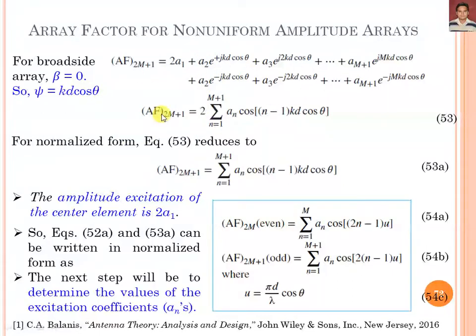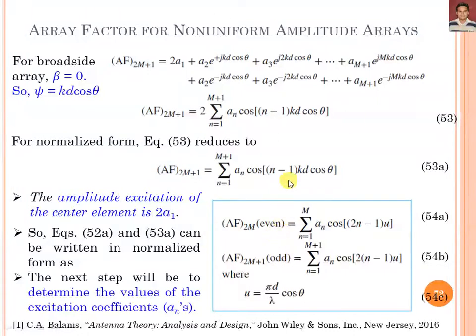When we summarize, AF of 2m plus 1 equals this expression, and we can again reduce this equation to the normalized form, and you will get the array factor for an odd number of elements.